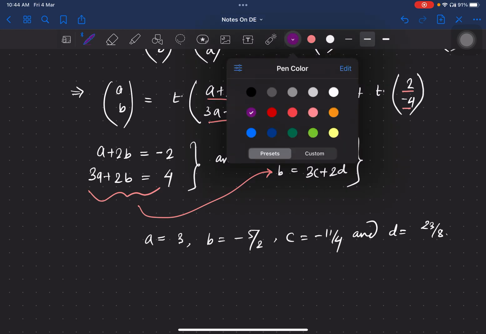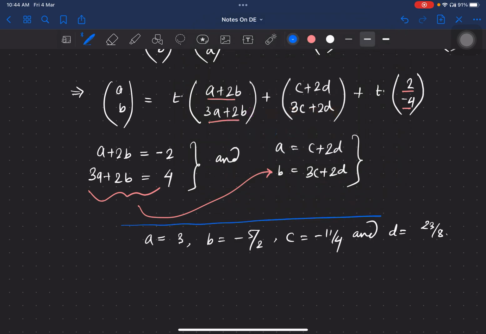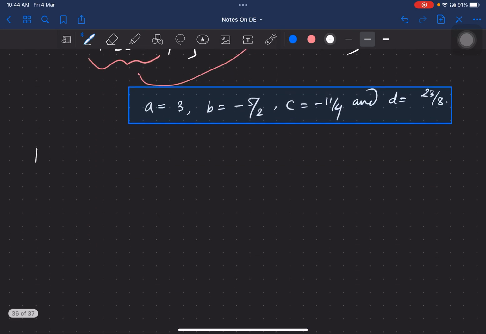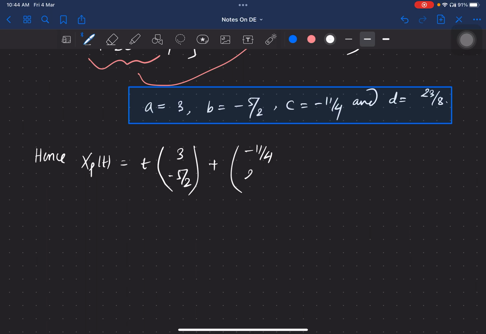Okay. So once we have this, we have the particular solution. So hence xp(t) equal to t(3, minus 5 by 2) plus (minus 11 by 4, 23 by 8).